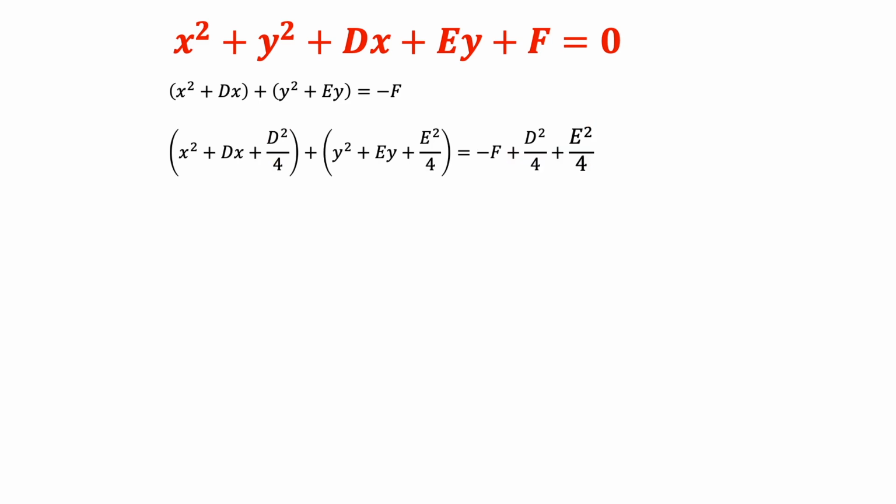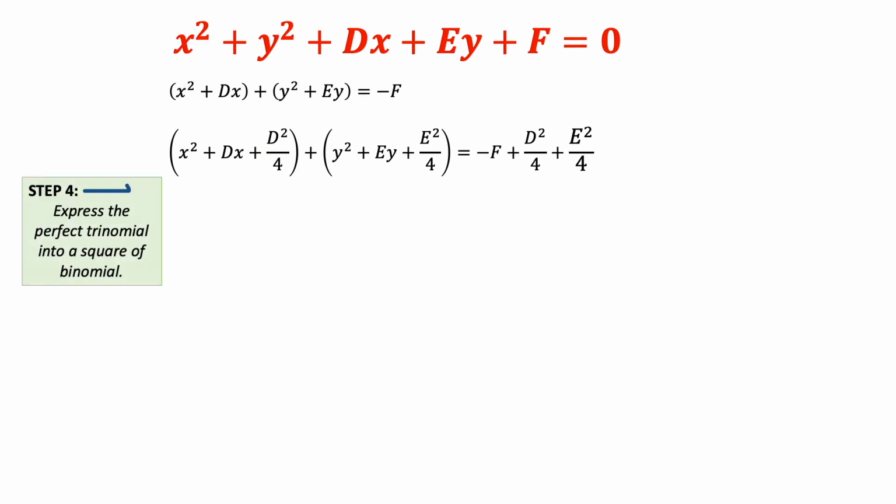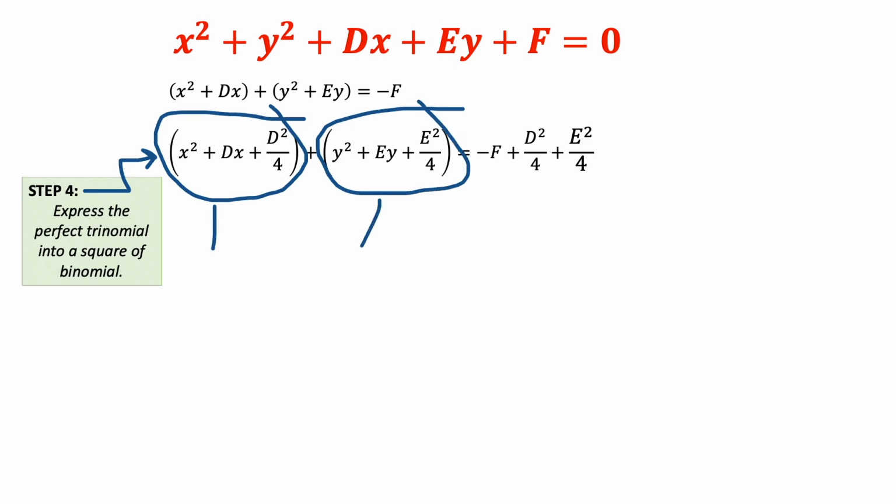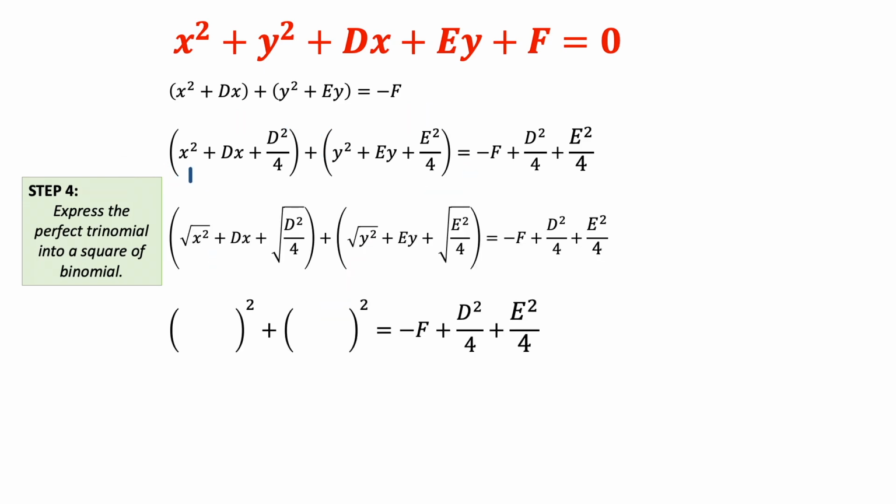In step number 4, I will express the two perfect square trinomials as squares of binomials. To do this, I will get the square root of x squared, d squared over 4, y squared, and e squared over 4.